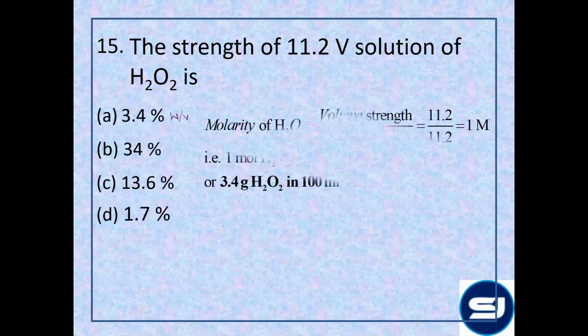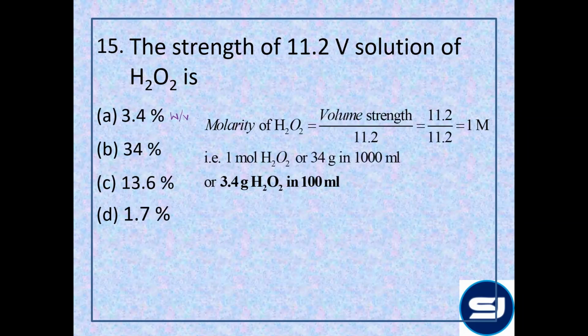Now 11.2 V means molarity of hydrogen peroxide, the formula of which is V upon 11.2. Earlier we used the normality formula in which n factor is 2. So normality is V upon 5.6, molarity is V upon 11.2. So directly we get 1 molar, and 1 molar means 1 mole of peroxide, that is 34 grams in 1000 ml.